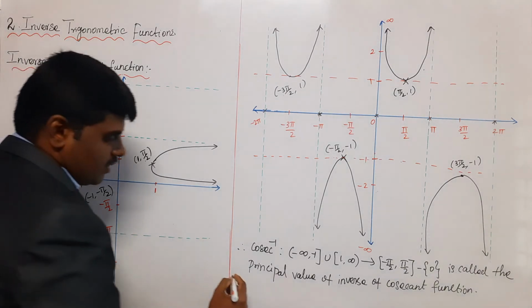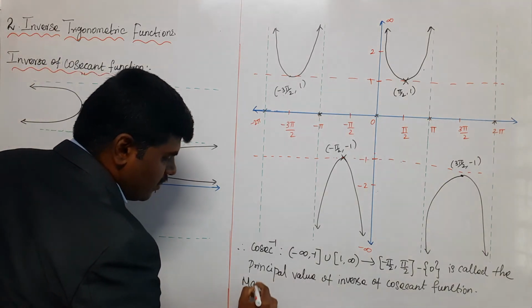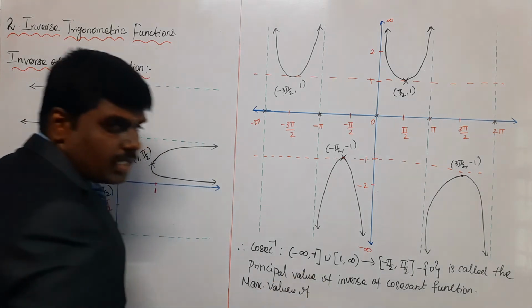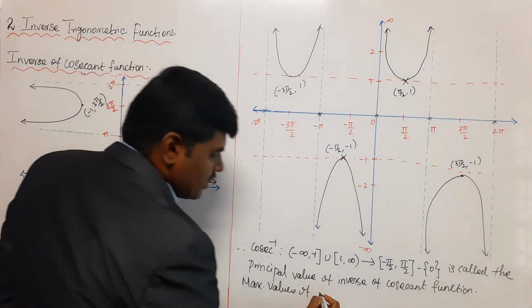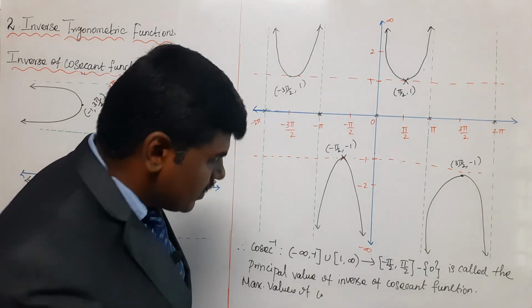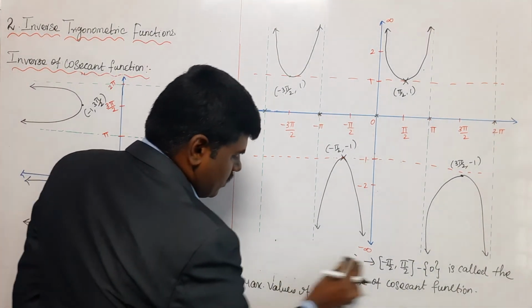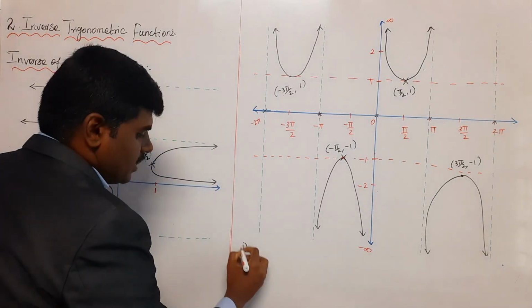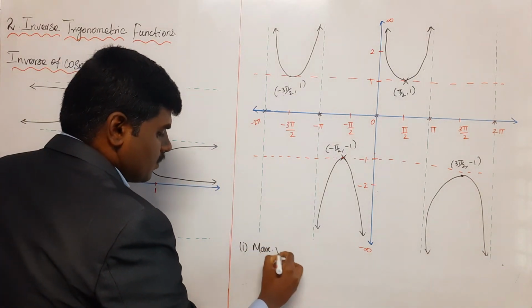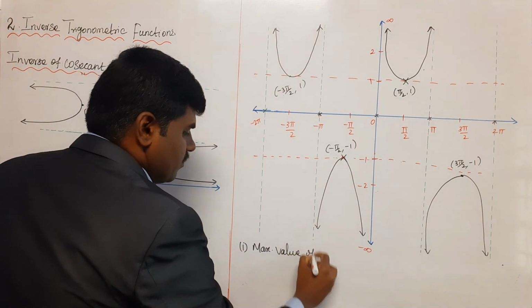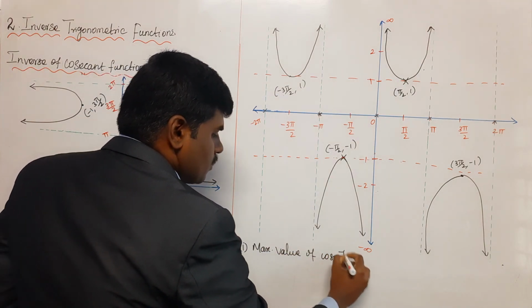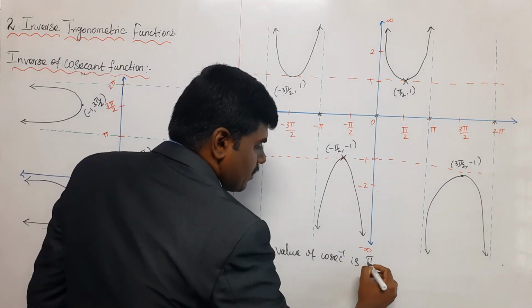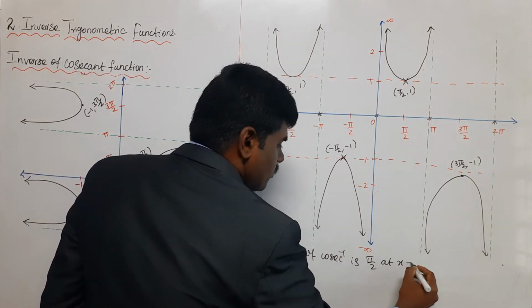Note the conclusions for the inverse function. The maximum value of cosecant inverse is pi by 2 at the point x equal to 1.